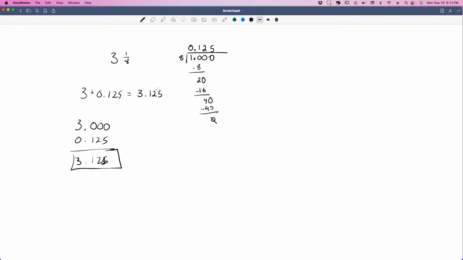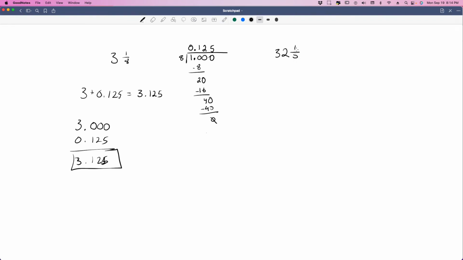Let's do another one. So we have 32 and 1/5. So we need to figure out what this decimal is. So I'm just going to say 32 plus, and then I'm going to find out what my decimal is. I'm going to divide 1, and I'm going to just put a couple of zeros on there just to figure it out.